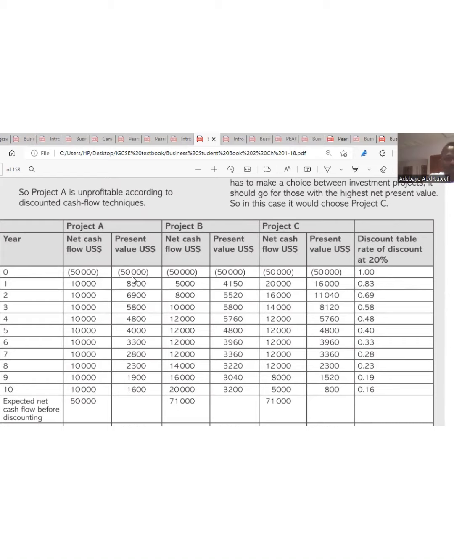Yes. So you calculate each net cash flow. Year one has 8,300 plus 6,900. Are you there, please? Yes, sir.